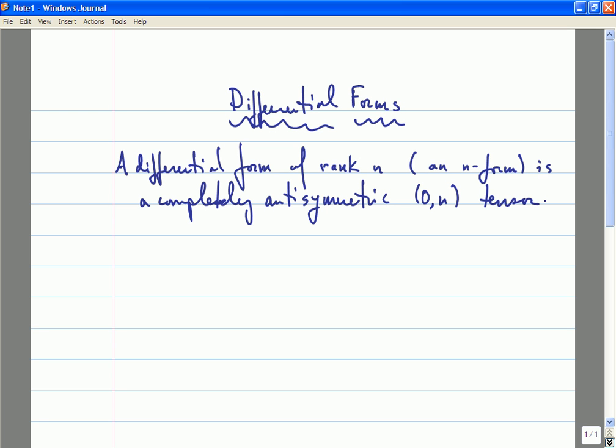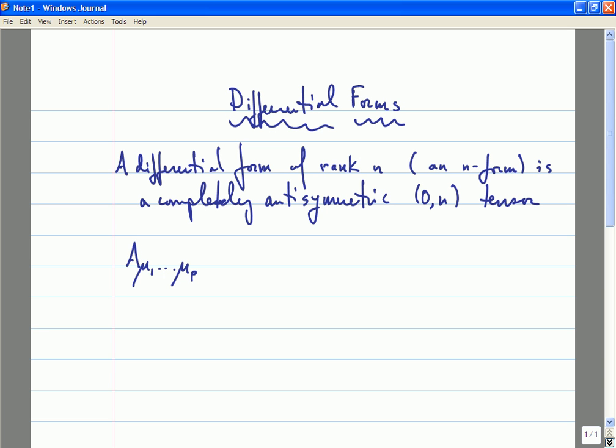What does that mean? That means that a differential form is a tensor. So, for example, a P form is a tensor of rank P with P lower indices, such that whenever you interchange two of the indices, you pick up a minus sign.